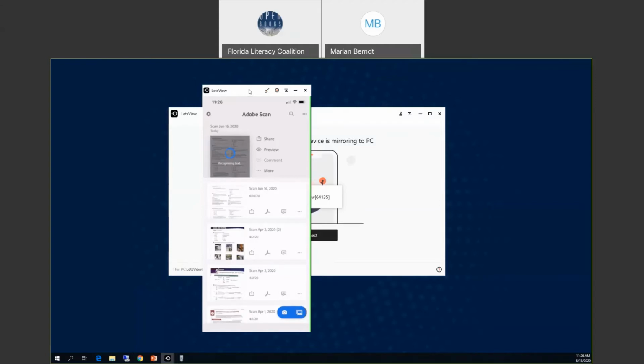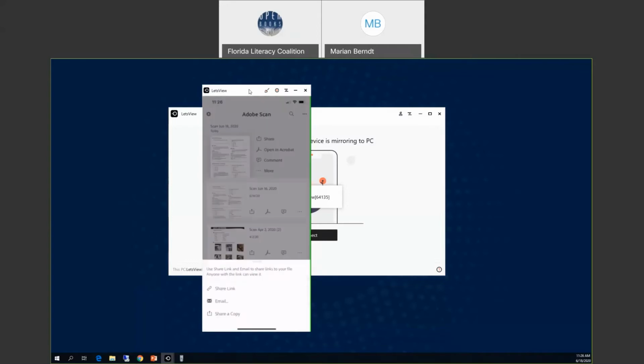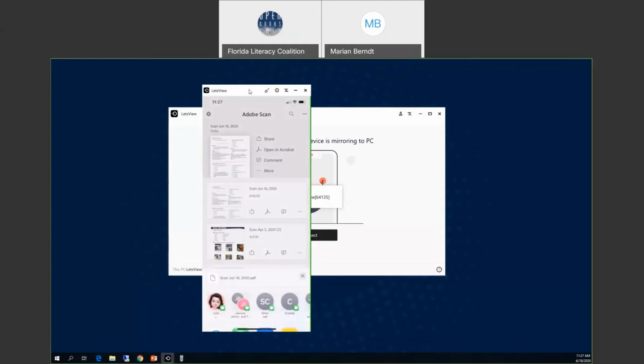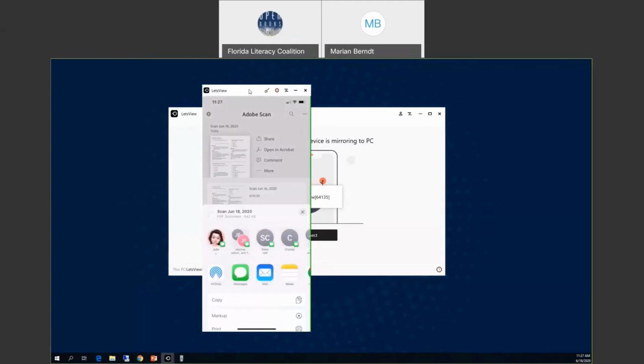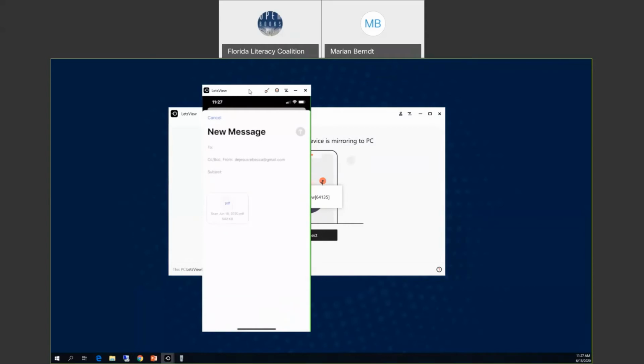You'll see in the bottom of the screen, those are things that I've already saved this year and I've emailed them. And then I click Share, and I can email it, or I can click Share a copy at the bottom. If I share a copy, that's, I think, the best way to do it. And I can select Mail, and I can email it to myself. So basically, this is the fastest way that I can think of.